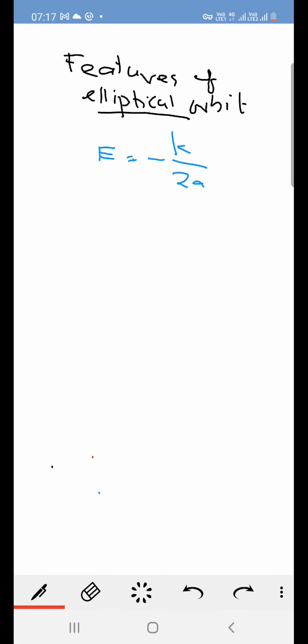This is 2A, and this is the major axis of this elliptical orbit. So it means that all the ellipses with the same major axis will have the same energy.